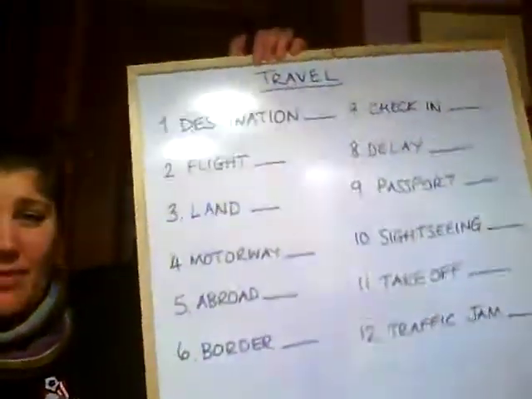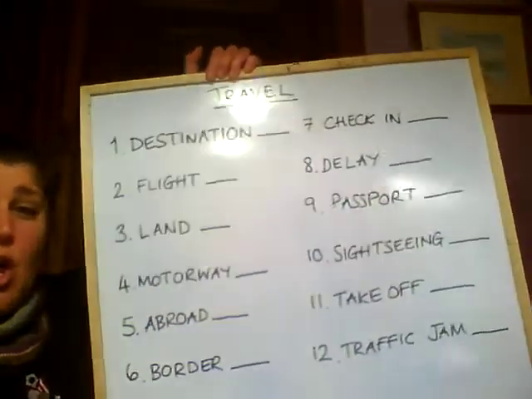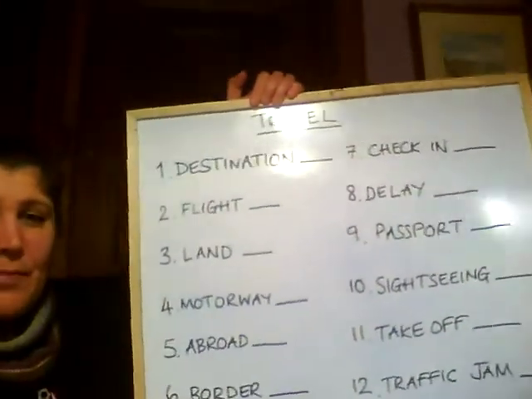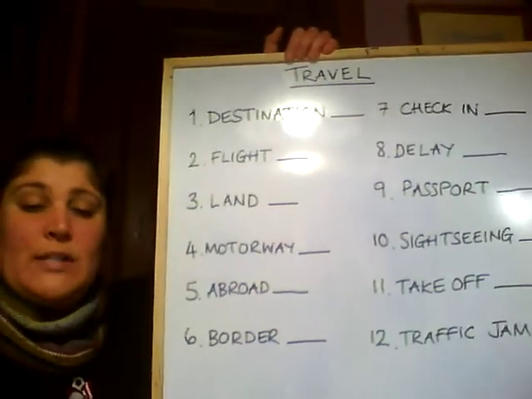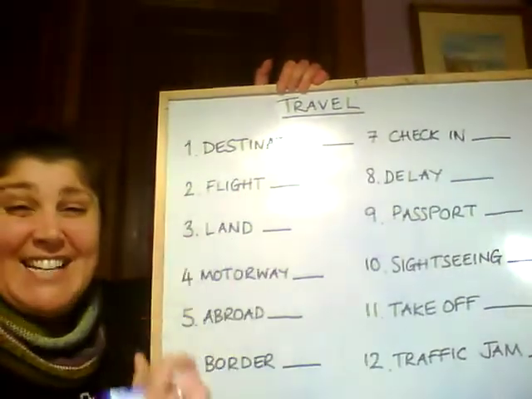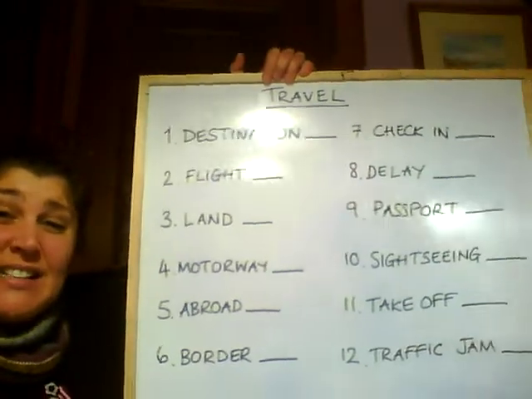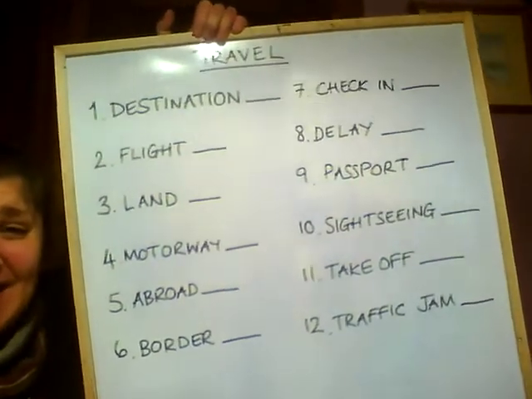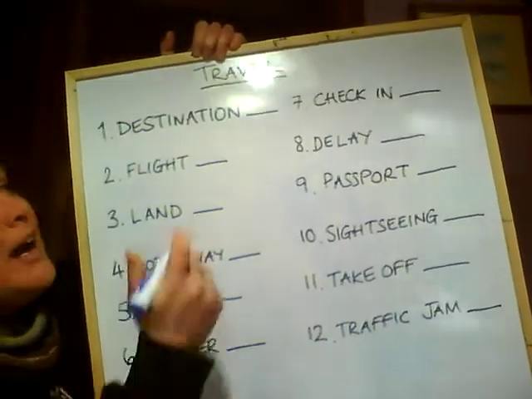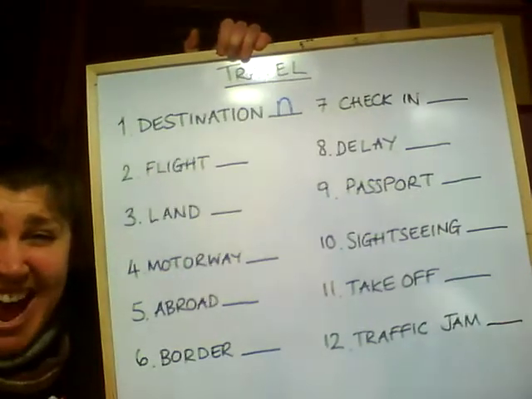Noun, verb, or adverb? Let's look together. Okay, here I have the vocabulary. Okay, we'll start with destination. Destination is the place you are visiting. It's a noun.